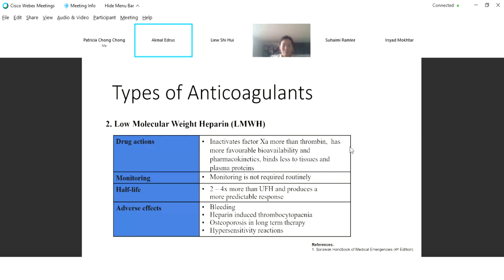Therefore, you can give it once or twice a day in a fixed dose regimen without any APTT monitoring. There are some side effects. Similar to unfractionated heparin, it causes bleeding, HIT, osteoporosis, and hypersensitivity reactions.